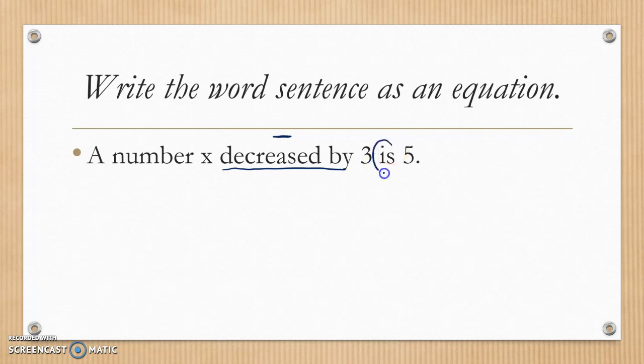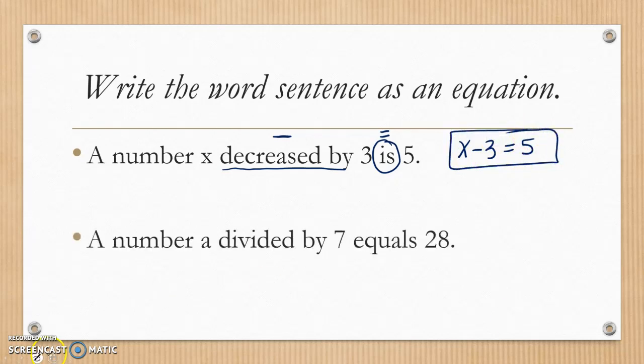Here, that is "is". So we'd replace that with an equal sign. Then if we have a number x, that's our variable, and decreased by 3 is 5, our problem would be x minus 3 equal to 5, and that would be your answer there. We don't have to solve anything yet.